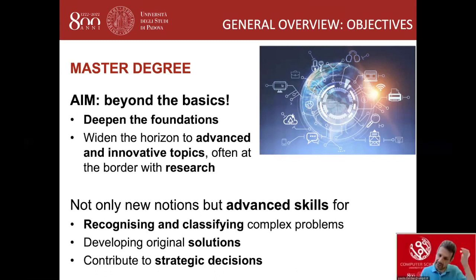And also we believe that the high-level professional in computer science should not only act at the technological level, but should be able to contribute also to the strategic decisions of the company, of the entity he works in. And for this reason, you will see that we have some attention in providing courses which are not, strictly speaking, in computer science.